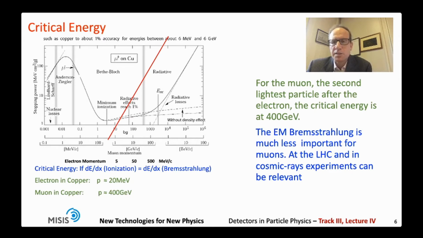So if you consider energy ranges where this 400 GeV is possible, at and above 400 GeV, then this is certainly the domain of the LHC. And it is also the domain of cosmic ray experiments, where you have very high energies of cosmic rays, and so both at the LHC and in cosmic ray experiments, the Bremsstrahlung for electrons and also for muons can be relevant.